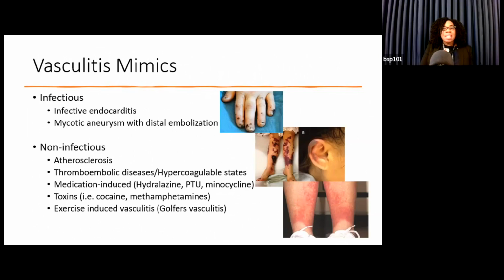So these are just things that you might want to keep in mind. And what makes the exercise-induced vasculitis different than pretty much everything else I've mentioned is that it will resolve within 3 to 5 days of onset because it's not a true vasculitis. So once you hydrate and don't wear tight clothes and walk outside in 80, 90 degrees, things will resolve. So it's not something to be too worried about.